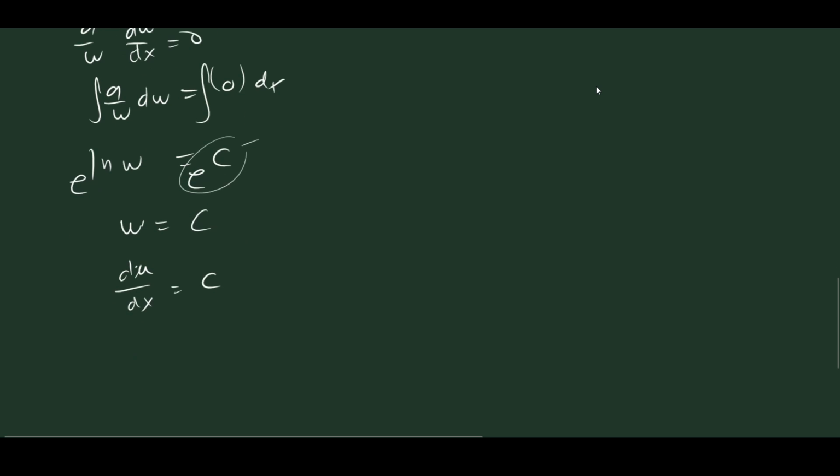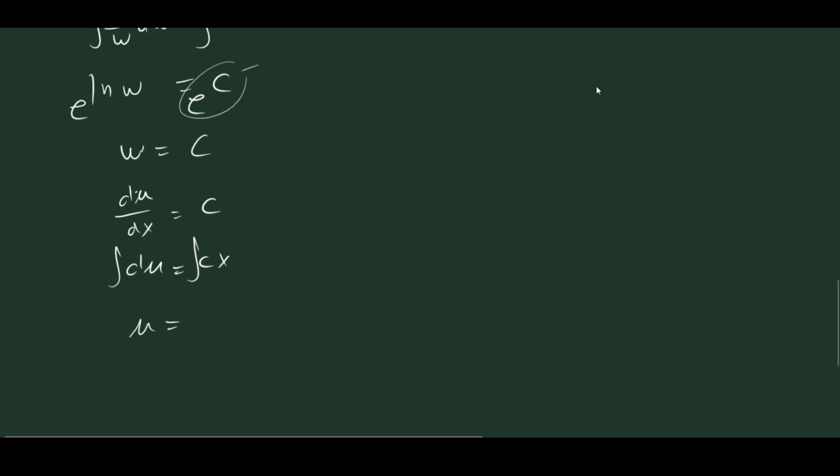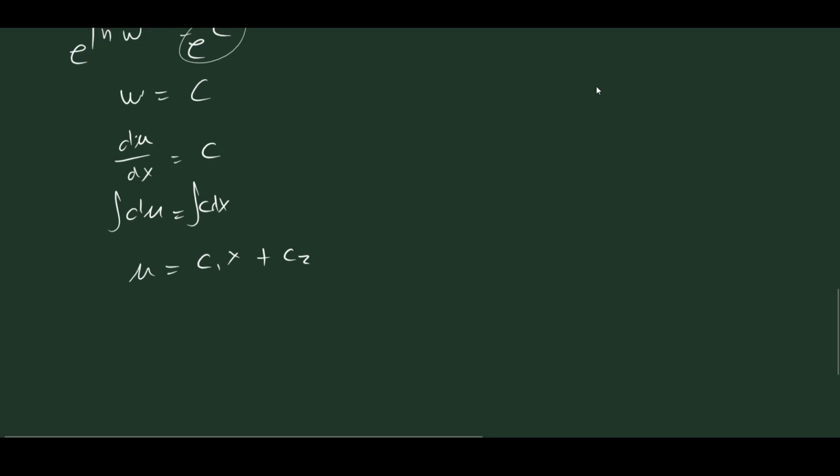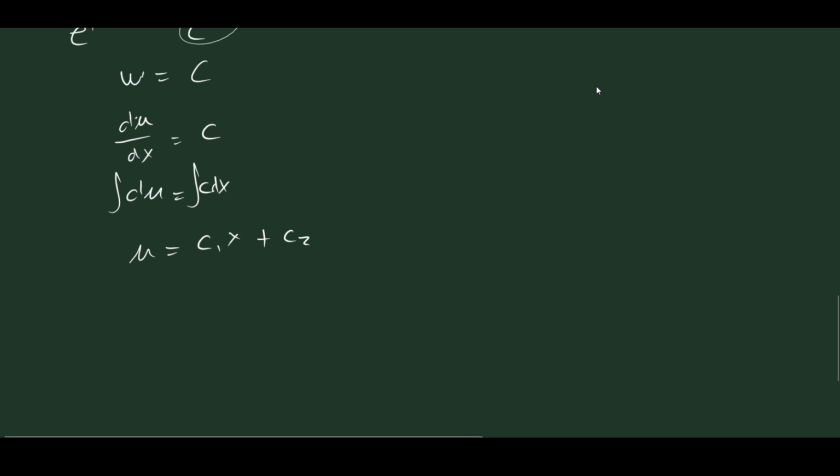If we multiply dx to both sides, we get du is equal to c dx. Integrating this, we get u is equal to c1 x plus c2, right? Now these c1 and c2 are arbitrary constants. So for simplicity, let's let c1 be equal to 1 and c2 be equal to 0. So our u here will be equal to x.